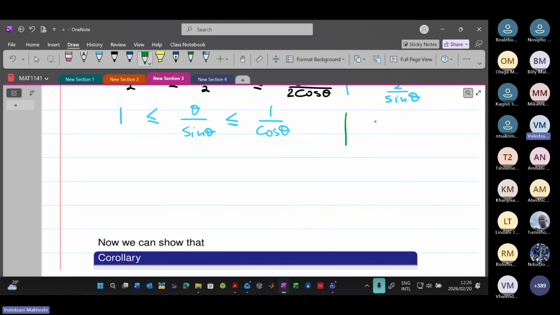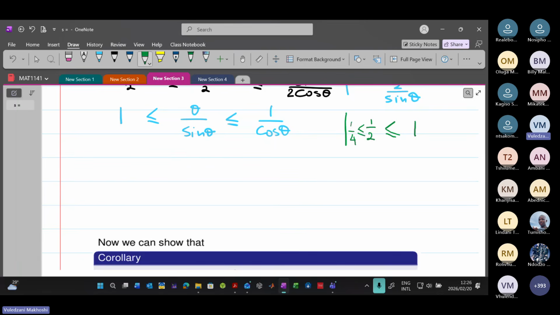We know that 1 over 2 is less than 1, and 1 over 2 is bigger than 1 over 4.